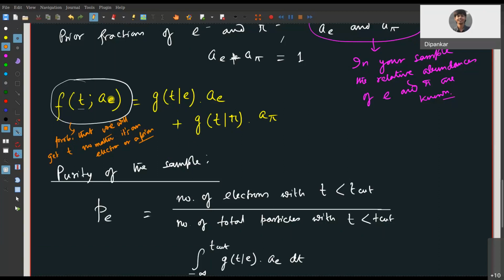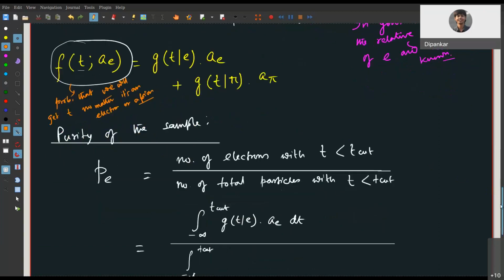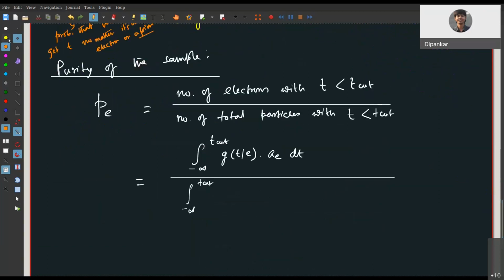No matter what, I will get this value of T. So in the denominator you integrate that quantity, because that gives you the total number of particles that has been accepted here. So this is the probability of electron only, and this is the total probability.